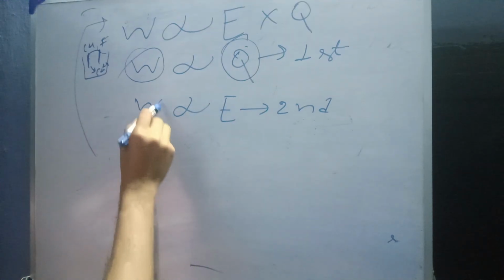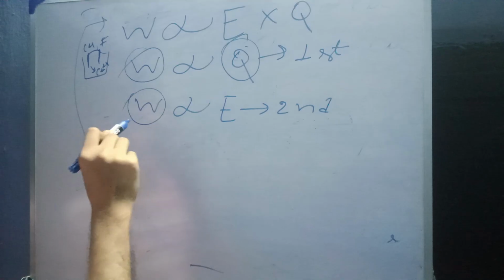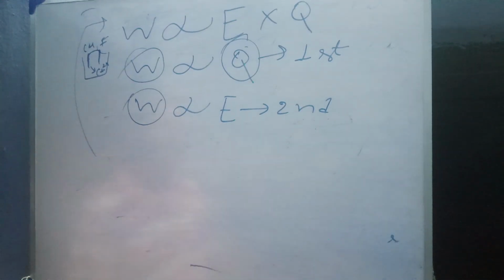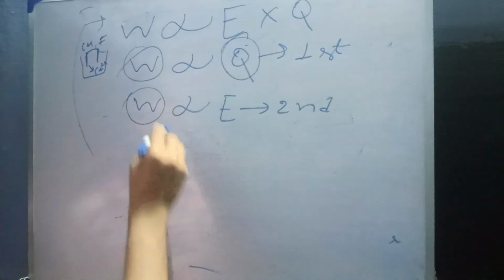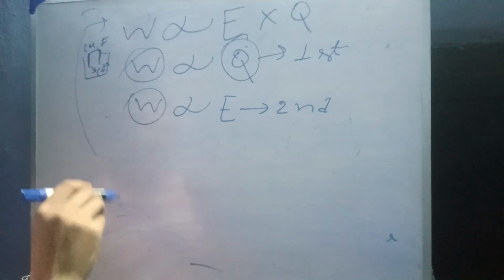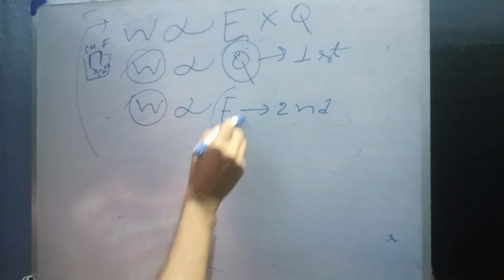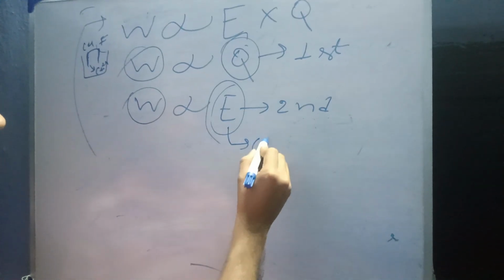And from Faraday's second law we can say that the amount of species produced at cathode or dissolved from anode is proportional to their equivalent weight, which is also called chemical equivalent.